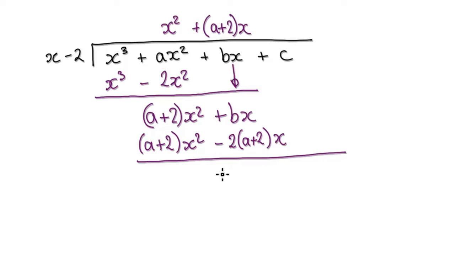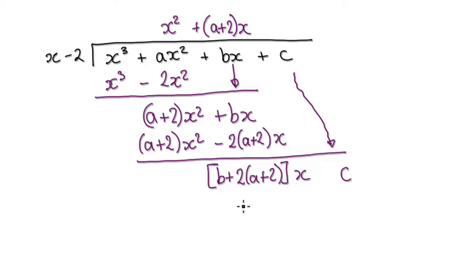So it's going to be b plus 2a plus 2 bracket x, and then you would carry the c down, but let me just tidy this up.